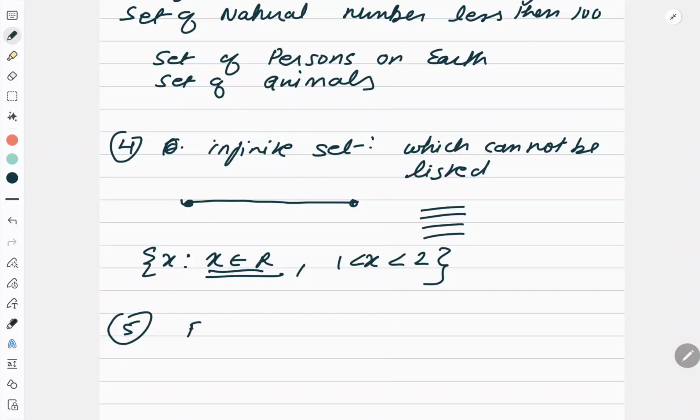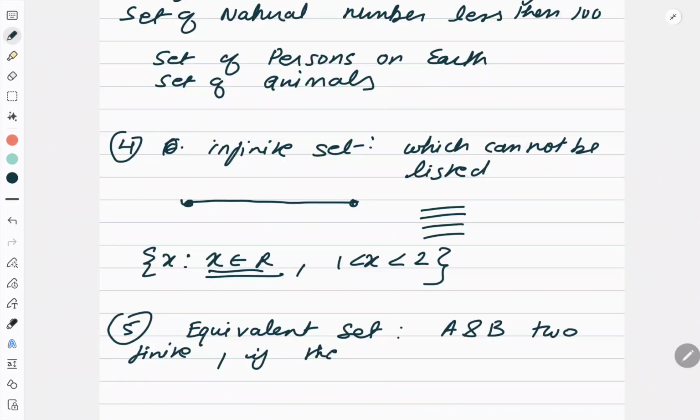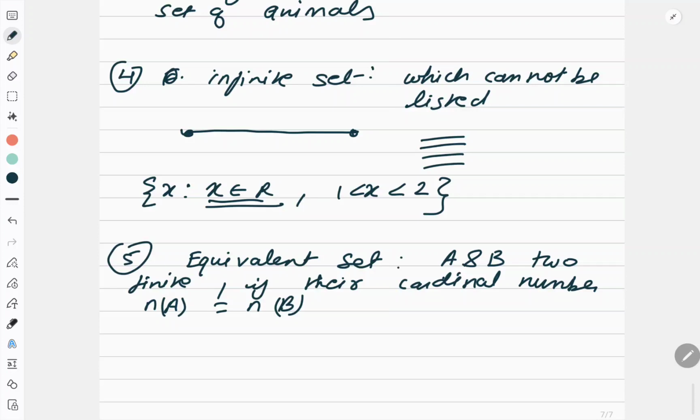Right? Now the next category: what is an equivalent set? Two finite sets A and B are called equivalent sets if their cardinal number is the same. What does it mean that the cardinal number is the same? It means the number of elements in A should be equal to the number of elements in B. Please mind that I am not saying the elements are exactly the same.